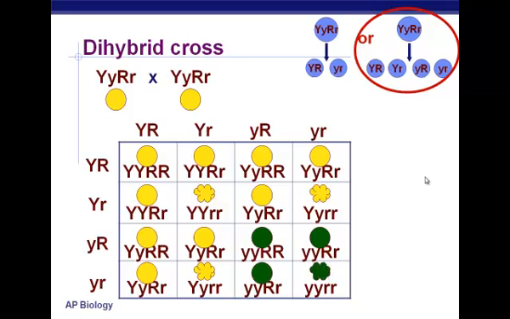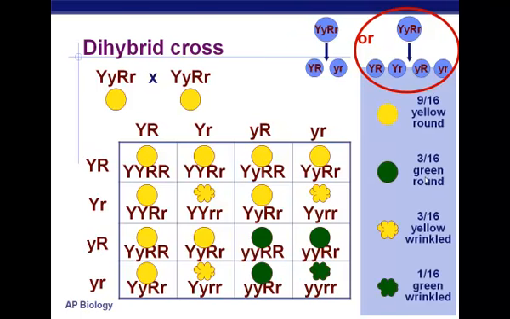Right. So obviously it's a little bit tedious and time consuming, but now we have these, and we start to add them up. I got 1, 2, 3, 4, 5, 6, 7, 8, 9 that are yellow and round. I have 1, 2, 3 that are yellow and wrinkled, 1, 2, 3 that are round and green, and 1 out of 16 that is wrinkled and green, heterozygous for both traits.